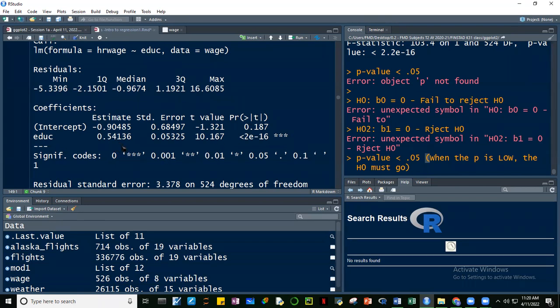So how do we interpret 0.54? 0.54 is interpreted as: for every 1 year increase in education, there's a corresponding $0.54, because hourly wage is in dollars, 54 US cents, increase in hourly wage, ceteris paribus.